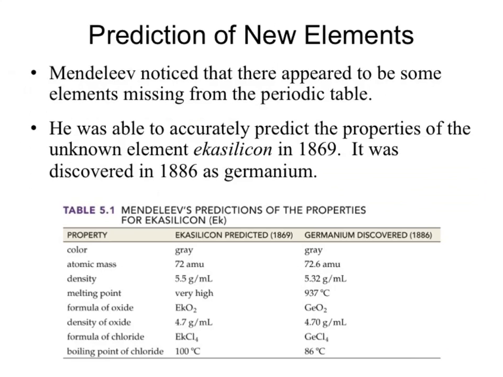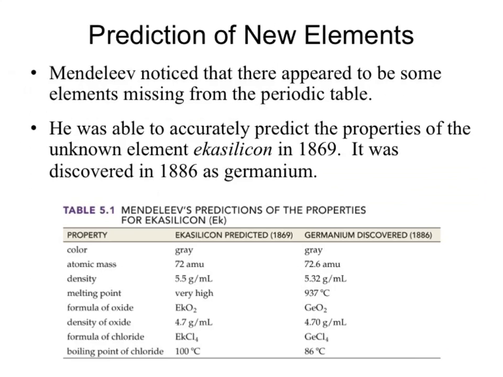And so that's where he was able to predict these new elements. So what he went through and did is took a look at silicon, and he knew that there was some element underneath it. Okay? And this is where he called it eka silicon, similar to silicon. And he had a list of all of those properties. Okay? It was gray. He knew the weight. He knew the density.